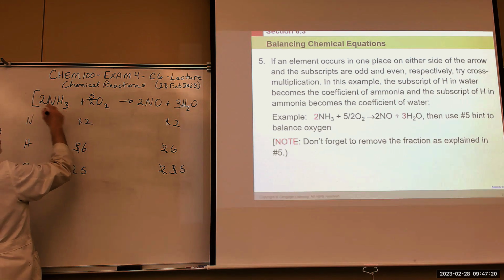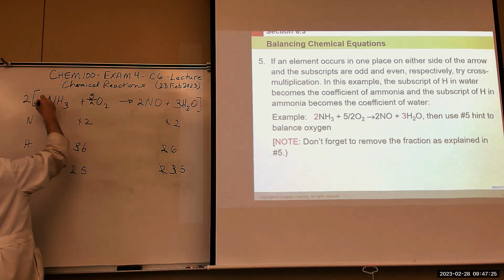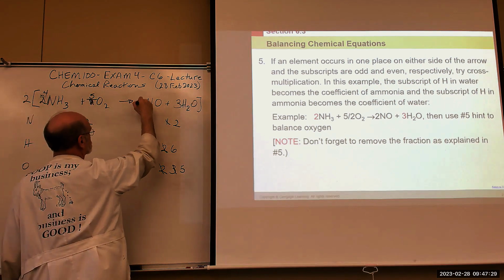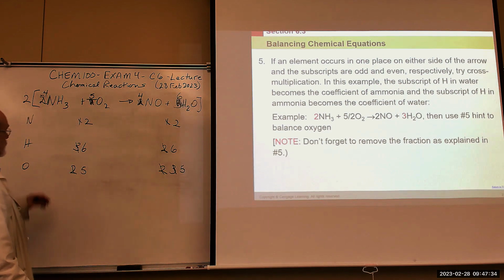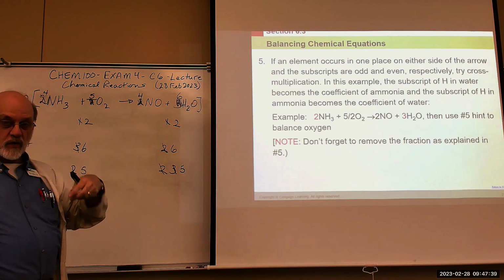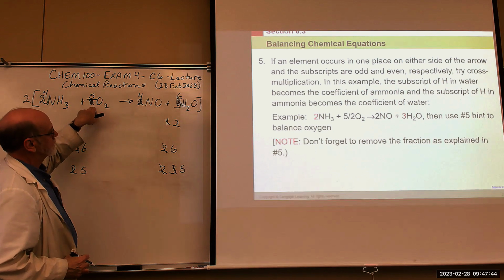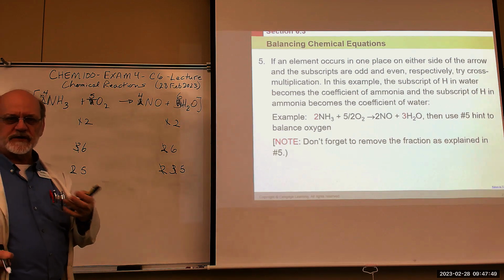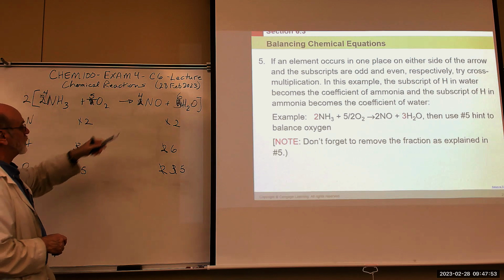You get rid of that 2 by multiplying the whole thing through by 2. So that makes this 4. That makes that 5. This is 4. And this is 6. So now the whole number ratio is 4, 5, 4, and 6. And we know that that's the simplest whole number ratio because there's no divisor that will get rid of that 5. Right? Remember, prime numbers, they're only divisible by 1 and themselves. So that's as low as we can go.